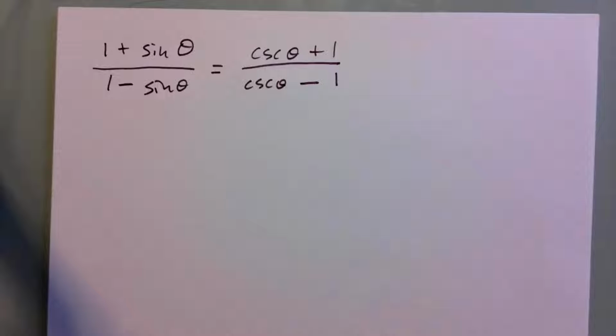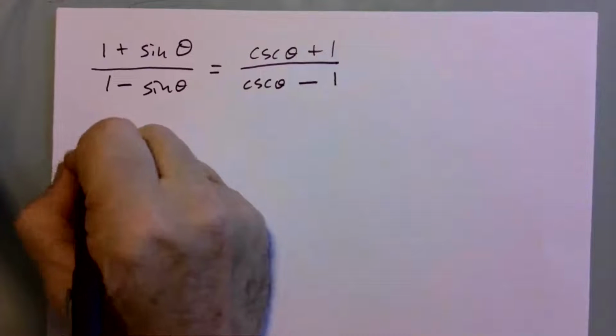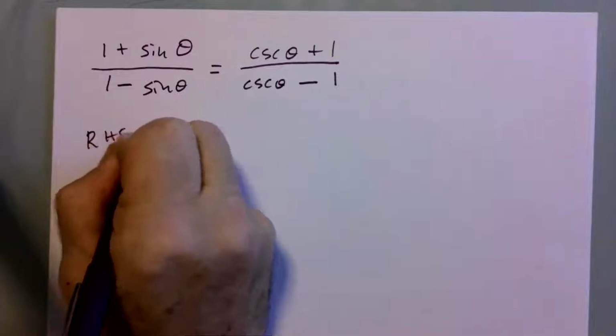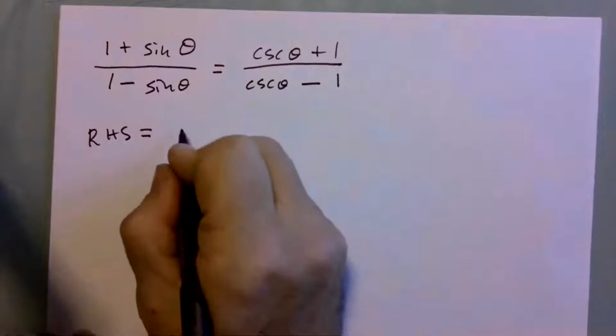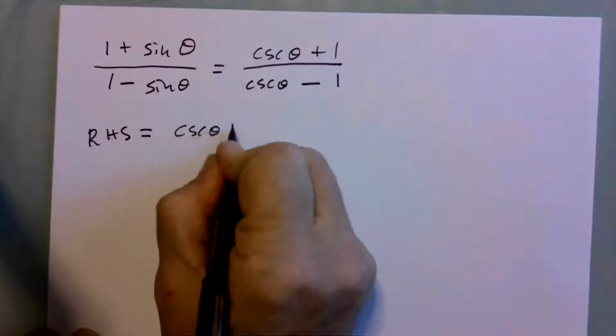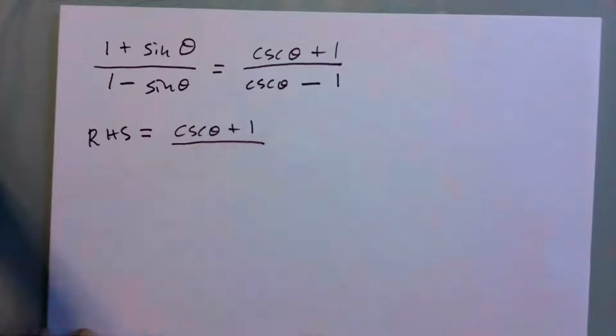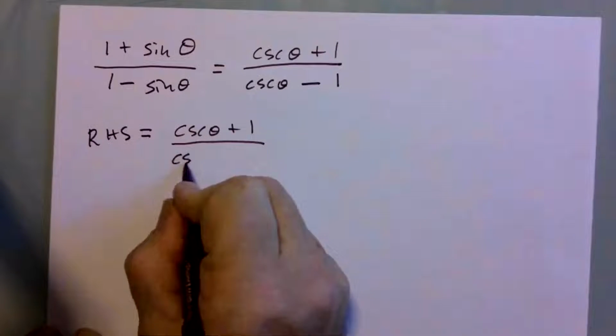This time, I think I'm going to do it differently. Rather than starting on the left-hand side, I'm going to start on the right-hand side. Normally speaking, we want to have the more complicated side first. So I'm going to try it that way and see if I can get where I'm going. I'll say right-hand side here is cosec theta plus 1 over cosec theta minus 1.